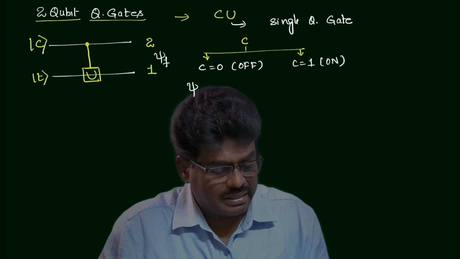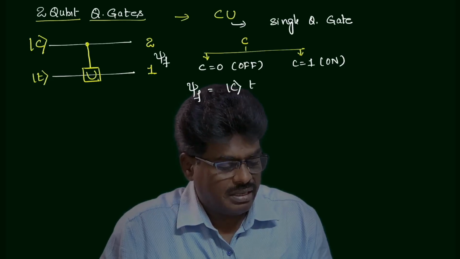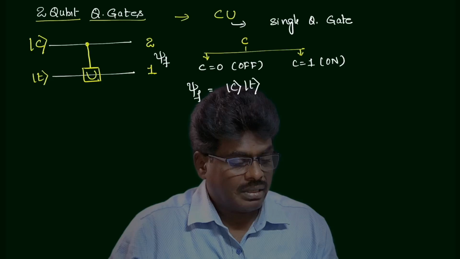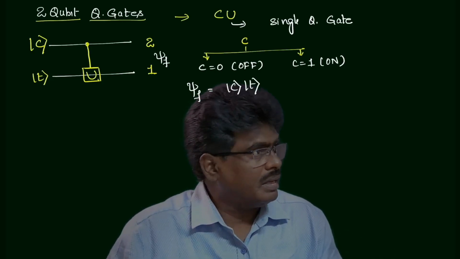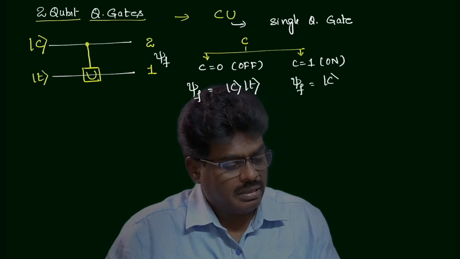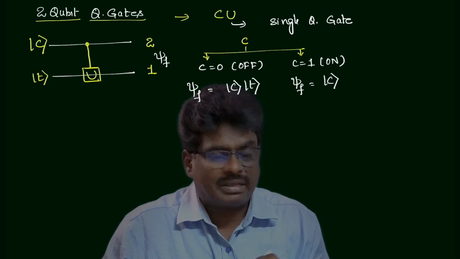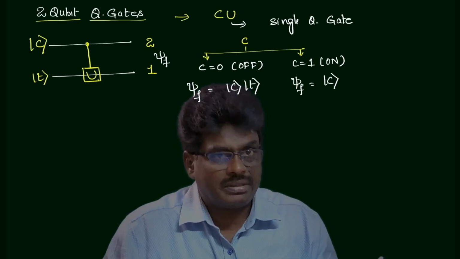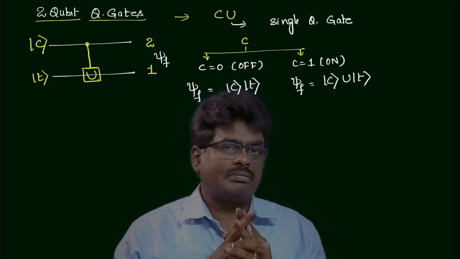There is no change, that is C T only. If the control bit is on, the final state is C, and this operation U operates on the target, that is U T. This you know already, I hope.